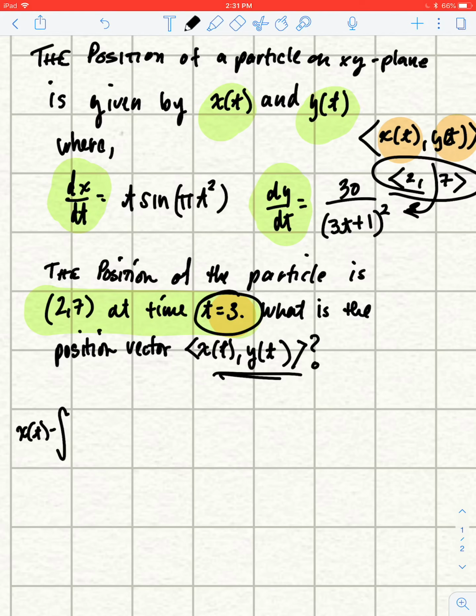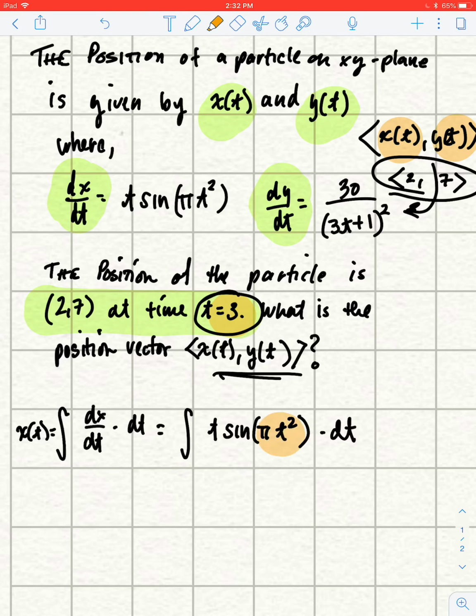So really just take, for x of t, the integral of dx/dt with respect to t. So we'll have t sine. Alright, so this one is a u sub. Good review of u sub. Your u, you're always making the inside part. Du, take the derivative.